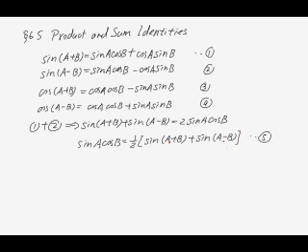So this is the first identity about product and sum. It's called the product to sum identity. Actually, we just convert this product of sine A and cosine B to the sum of sine of A plus B and sine of A minus B.